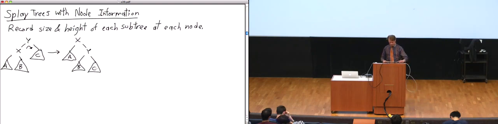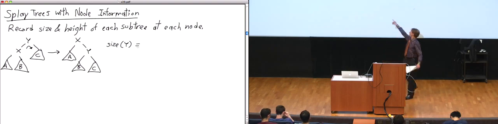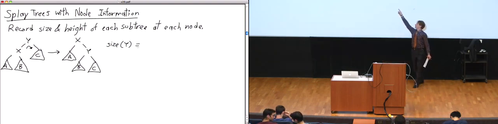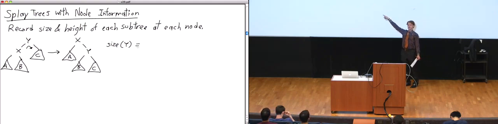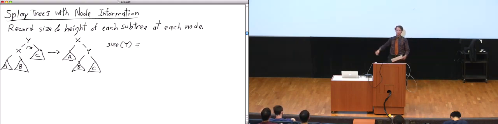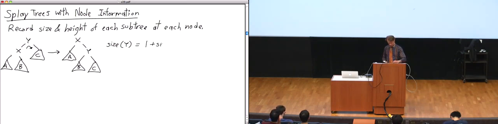Having done that, we can now quickly recompute the size of the subtree rooted at Y, because the size of that subtree at Y is the sizes of its two children's subtrees, B and C, added together plus 1. And once you've computed Y's size after the rotation, you can also update X's size in the same way.